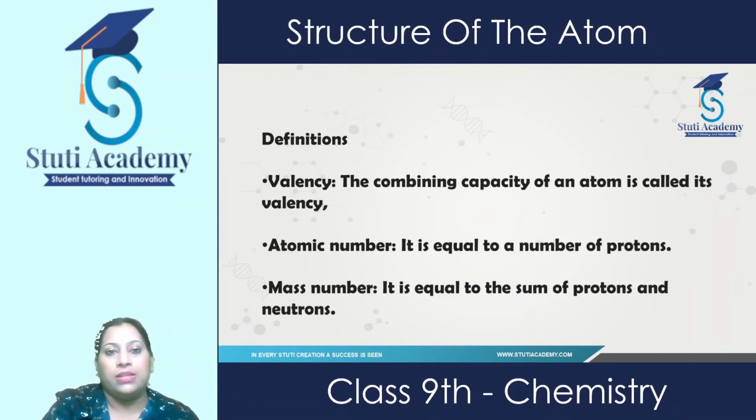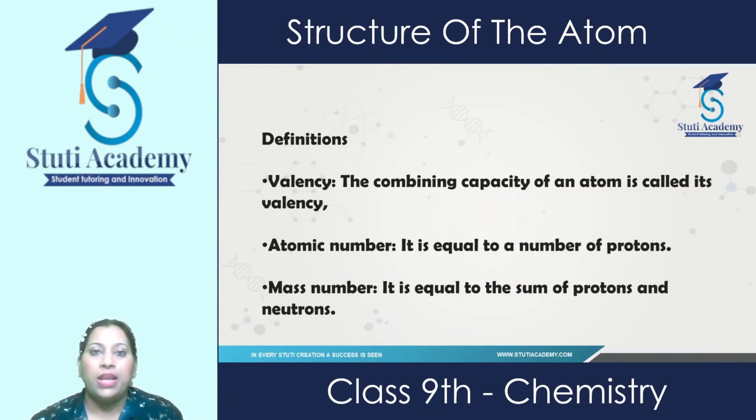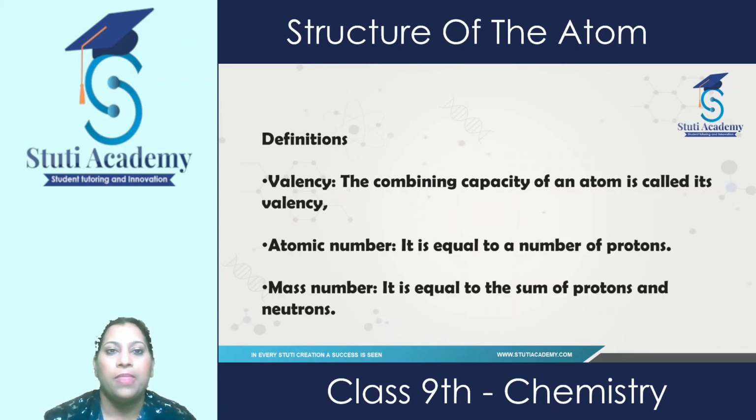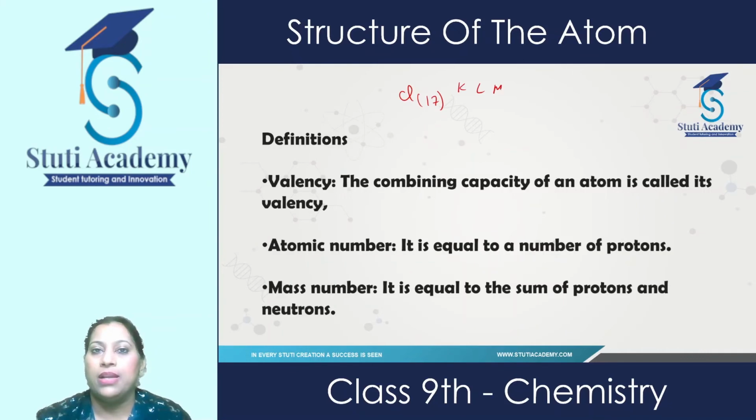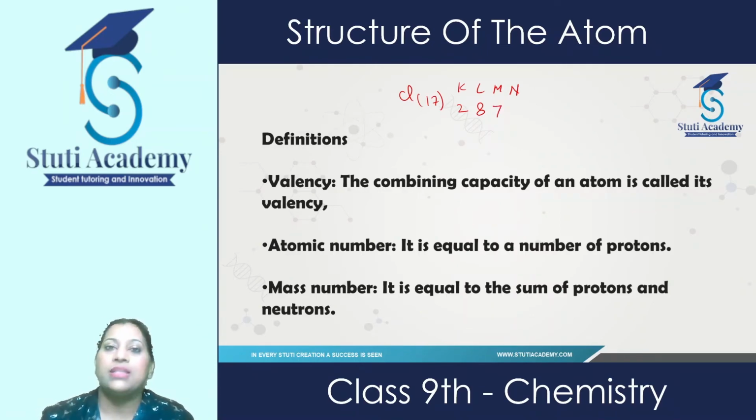Now comes valency. As I told you, if an element loses or gains electrons, that combining capacity is known as its valency. I'll take a few examples, like chlorine. Its atomic number is 17. I'll write its electronic configuration. In K, we can write only 2. In L, first we'll write 8 electrons, and 8 and 2 is 10. 7 are left, so I'll write 7 here.